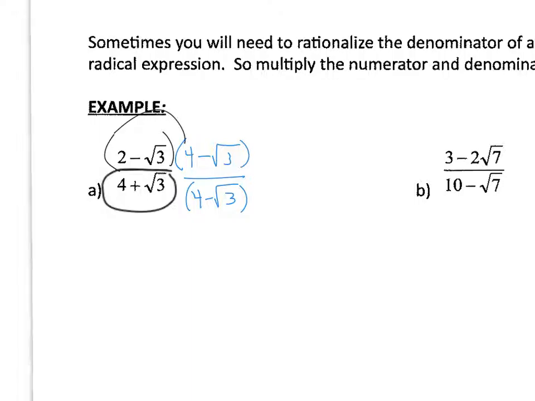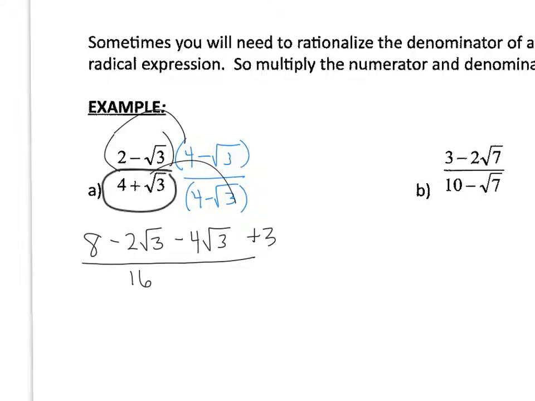So I'm going to use FOIL on the top and do 8 minus 2 root 3 minus 4 root 3 and then plus 3. My denominator, remember, these are conjugates, so all I have to do is 4 times 4, which is 16, and then minus root 3 times root 3, which is 3. So my numerator looks like 8 plus 3, which is 11, minus 6 root 3, all over 16 minus 3, which is 13.